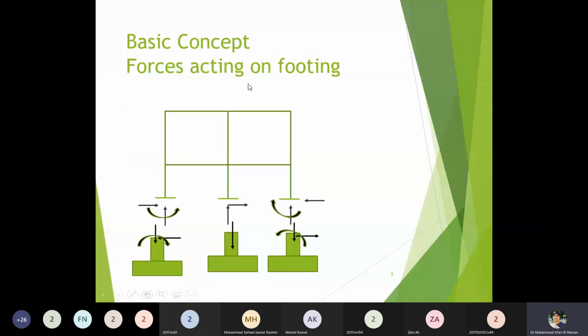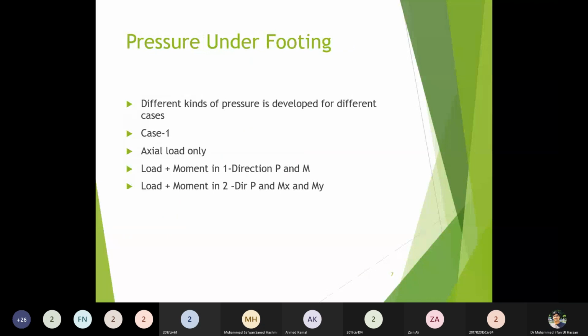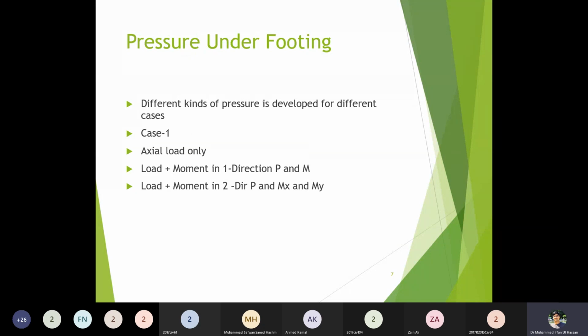The vertical reactions on the left hand column, right hand column, and central column are actually in the upward direction, but for the footing they act in the downward direction. So from the reactions and the allowable bearing capacity, you can find the area required for the footing.